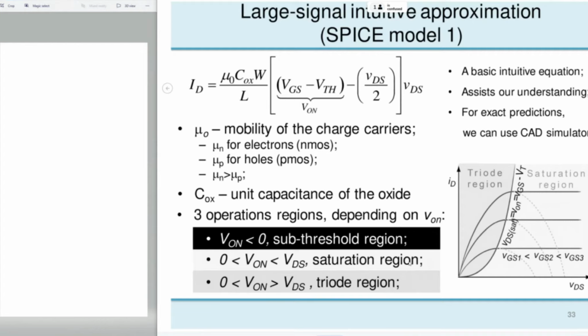And then in the current drain source voltage characteristic, or the output characteristic of the device, if we plot this equation, it will look like this here. When the drain source voltage becomes equal to V on, then we change from the triode region into saturation region.